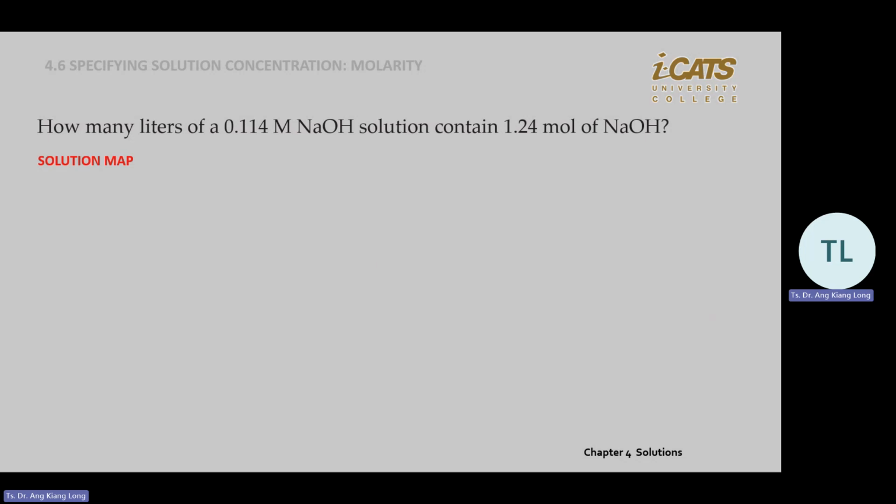You don't know the liter, so put X liter here. You have 1.24 mole of NaCl. Basically, only one unknown is missing in the equation. Rearrange.